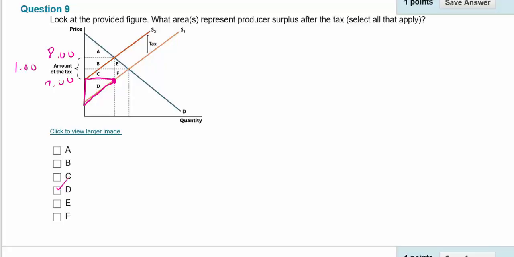This is the part that got tricky. The second supply curve did tell us the new equilibrium, what the consumers are paying, $8. And so we did use that price to figure out our consumer surplus. But we have to use the price that producers are receiving to calculate the producer surplus. Let me erase this for a second.